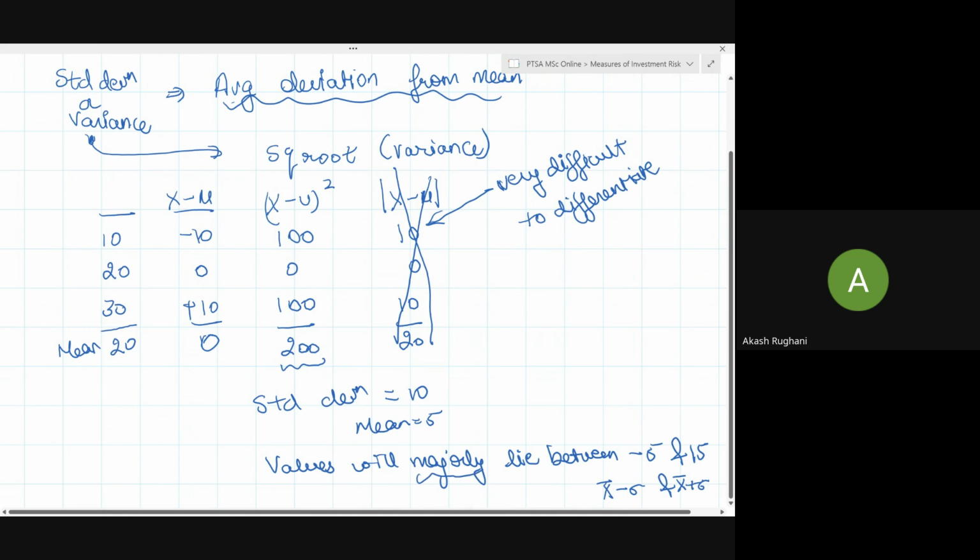Important word is majorly. Not all values will lie, but majorly my values will lie within the standard deviations that are there.